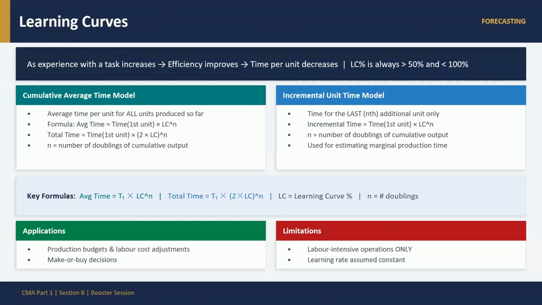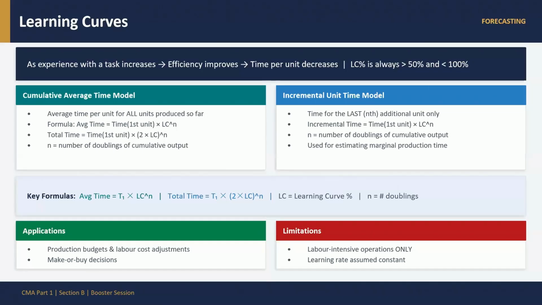Then what are the limitations of the learning curve? Here, we can use it only for labor intensive industries. If an industry is oriented towards the use of machines, then we can't use this learning curve concept. Then the learning rate is assumed to be constant.